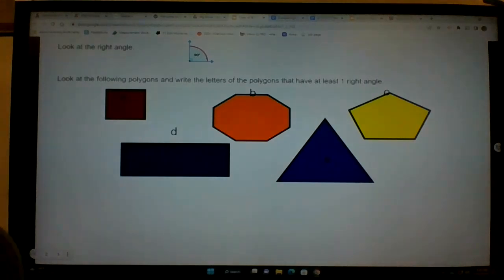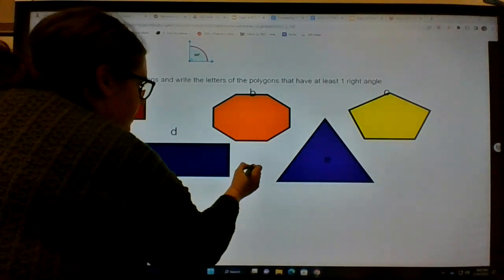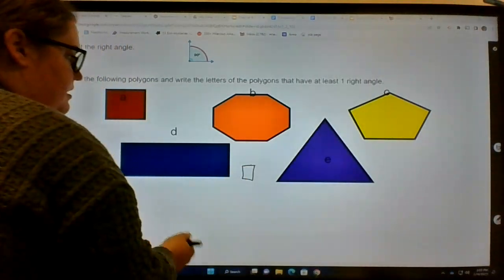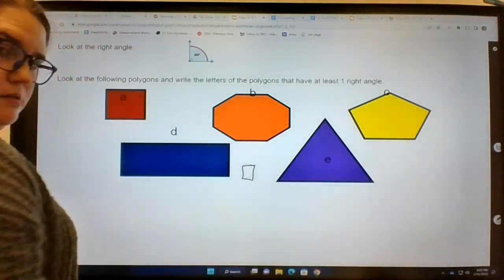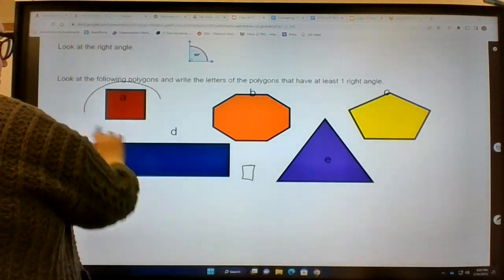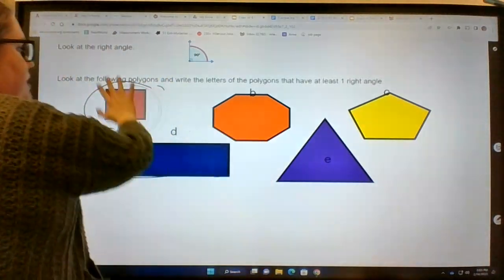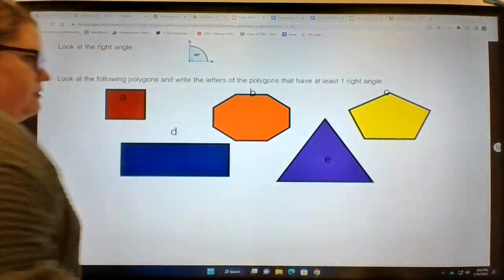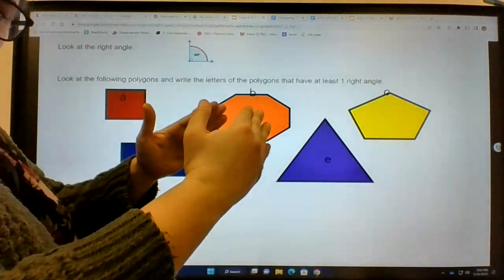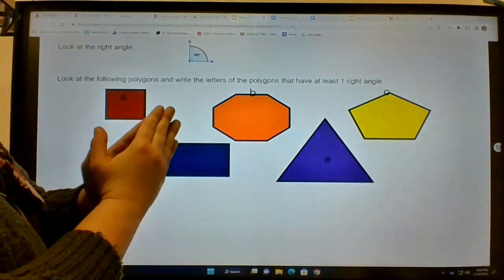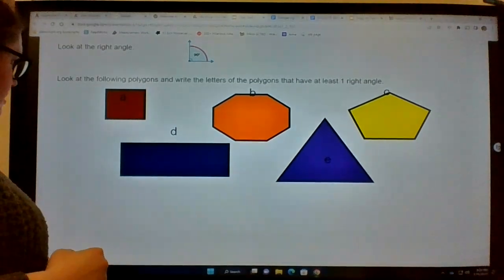Remember, a right angle is also called a 90-degree angle, where you can make a box in the corner. So if you're with me, you have A and you have D. The rest of them do not have 90-degree angles or right angles. They either have larger angles, which are obtuse, or smaller angles, which are acute.